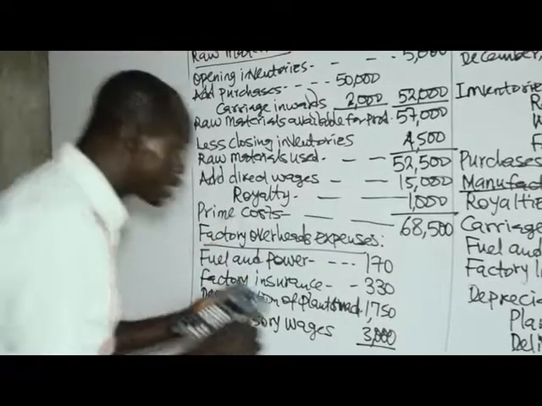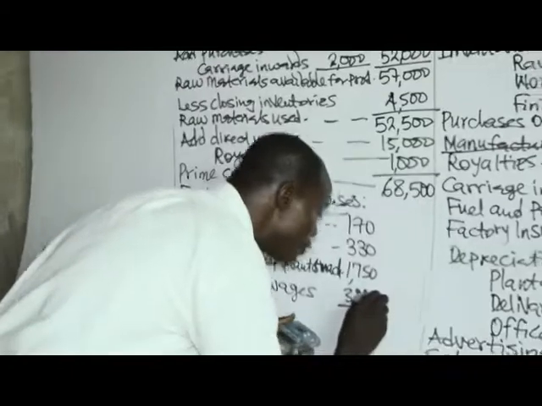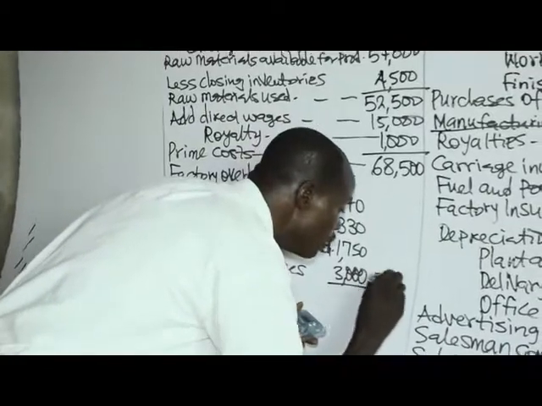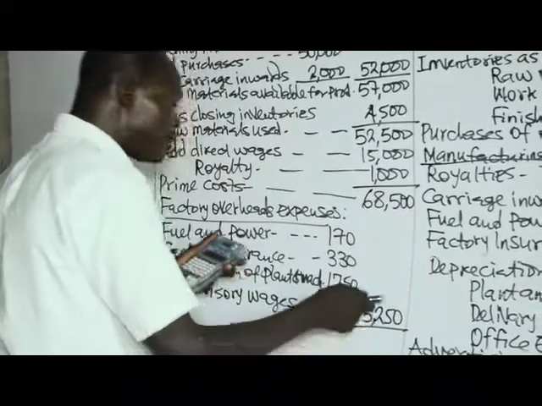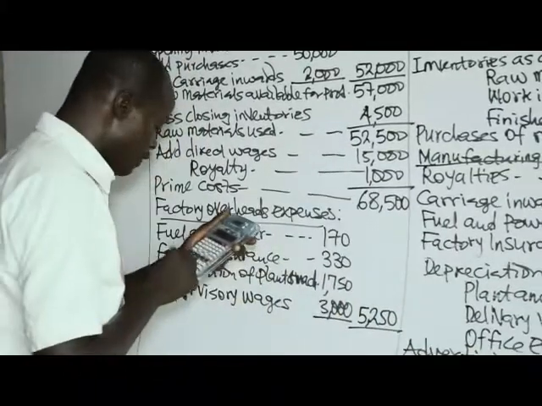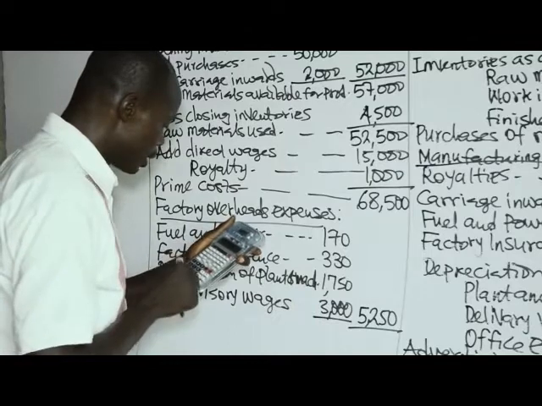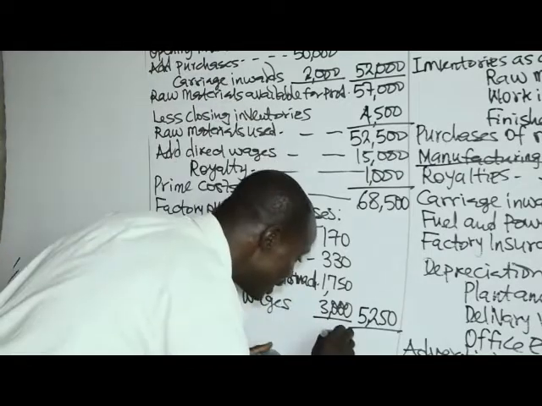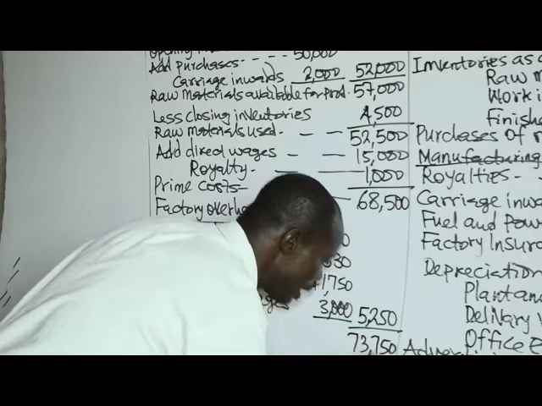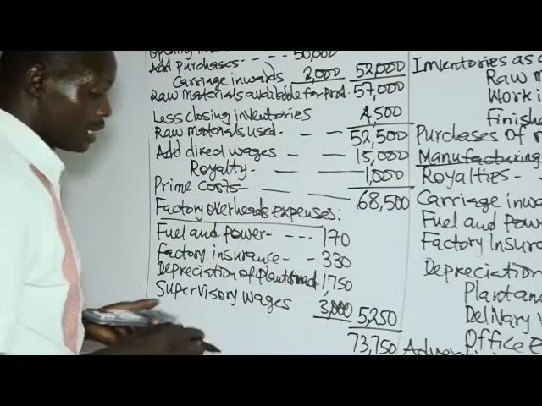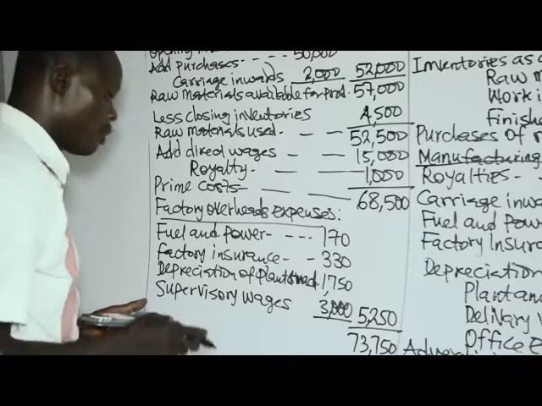Therefore, our factory overheads total 5,250. If you now add the 5,250 to 68,500, you have the total to be 73,750. That is the works cost of production.